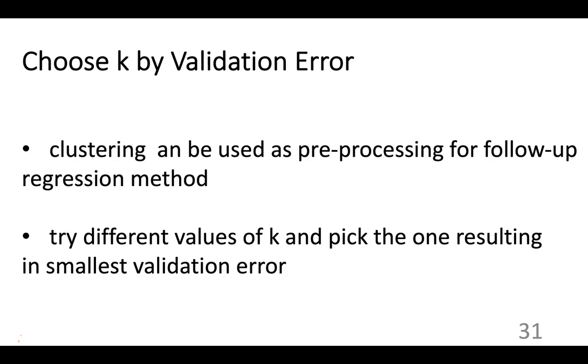And then when you use such a follow-up classification method, you typically compute the validation error. And the validation error is then something that indicates how good a choice for k is. So k is something like a hyperparameter, and we can tune hyperparameters by trying out different values for the hyperparameter and then comparing based on the resulting validation errors.